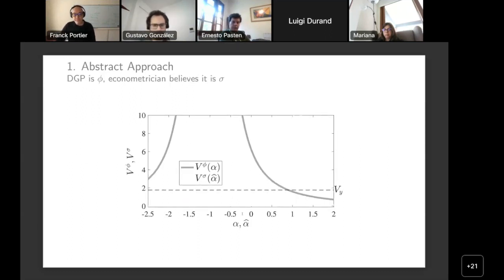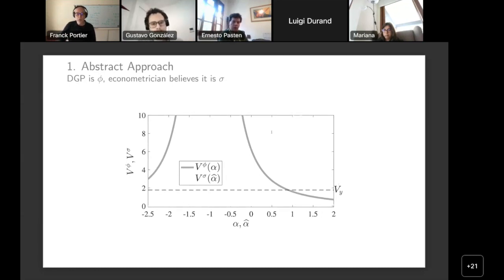This is the variance of y, and that's what I observe in the data, the dashed line. Knowing the DGP, I know that the variance of y, when the model has a feedback rule, as a function of alpha, is this function here, that goes up to plus infinity somewhere, and then goes down here.